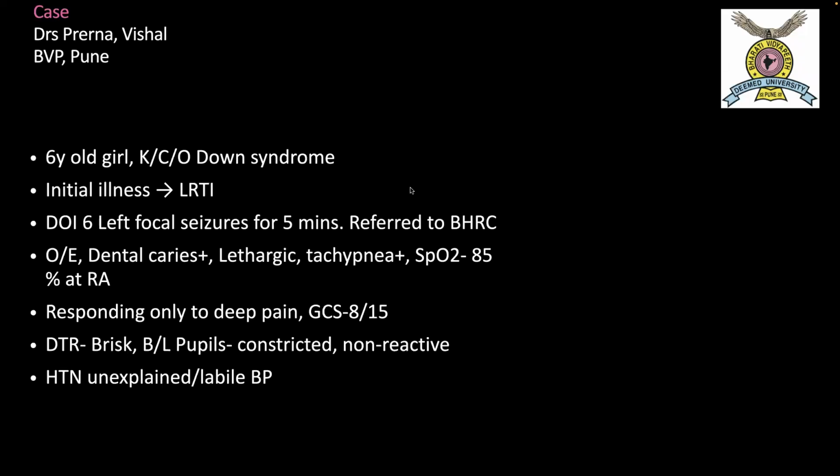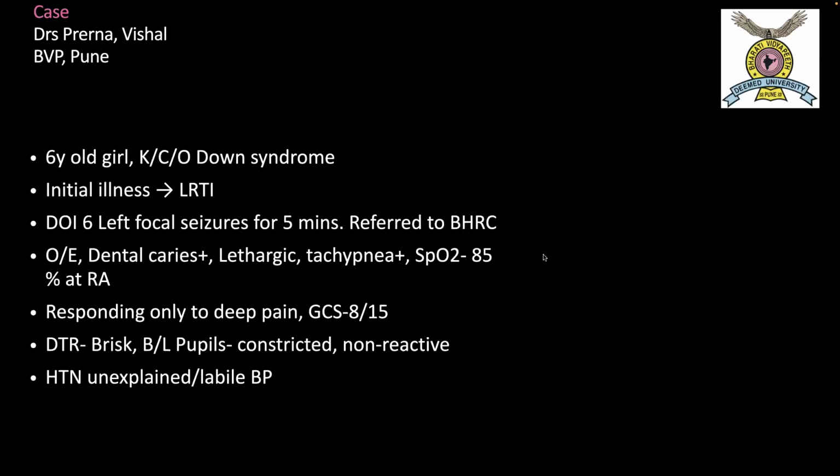On day 6 of illness there was an aggressive increase in cold and cough, and she became a bit lethargic, and then the child had one left focal seizure, and was referred to our hospital because of a fall in sensorium. The child was intubated; the pupils were constricted and non-reactive, the child was tachypneic, and saturation was 85% on room air, so intubated.